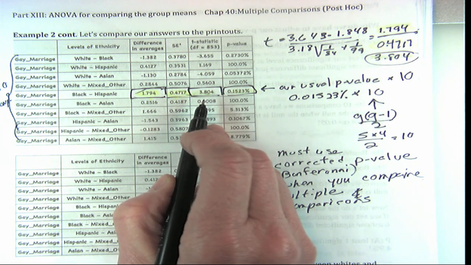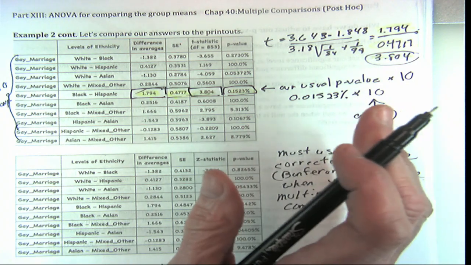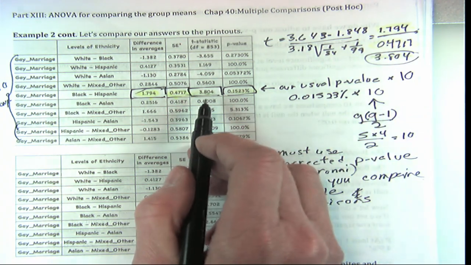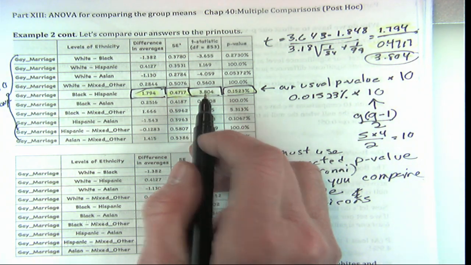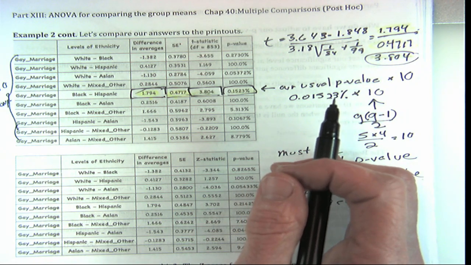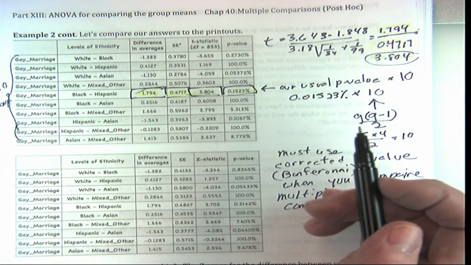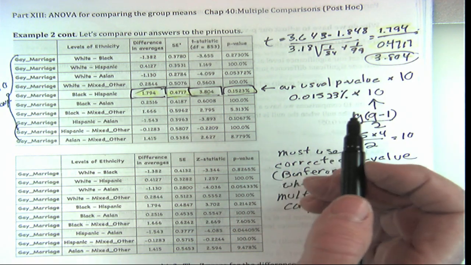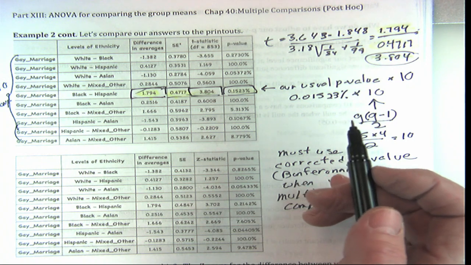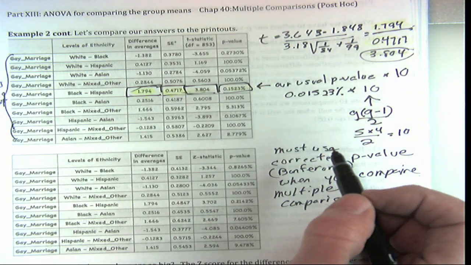But imagine doing it 100 times, 100 pairwise comparisons. At the 5% level, you would expect 5 of those 100 to be as extreme, to be statistically significant just by the luck of the draw.